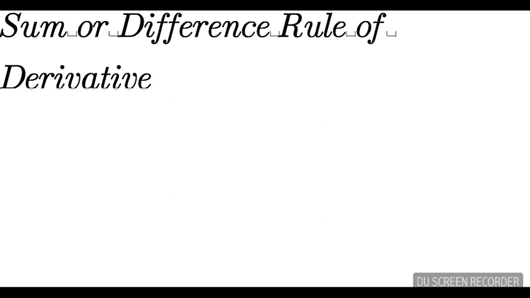So we are not going to use numbers here, but we shall prove that the derivative of a sum or difference is the sum or difference of their individual derivatives.